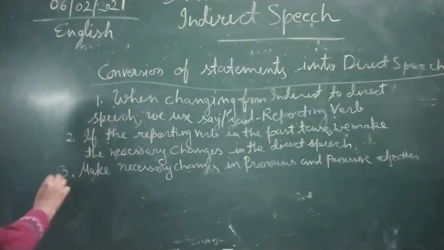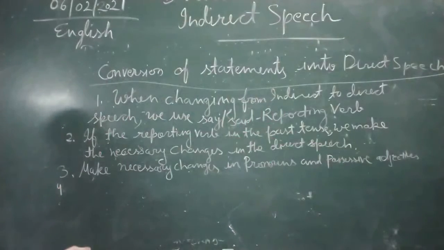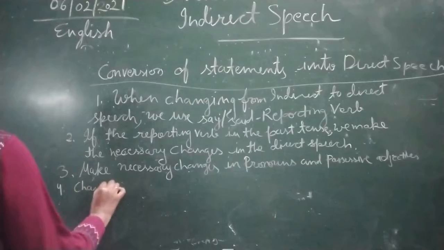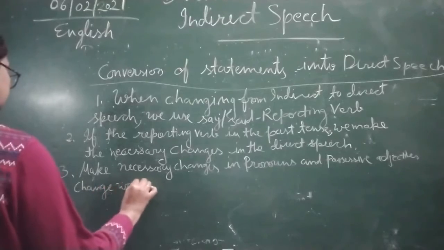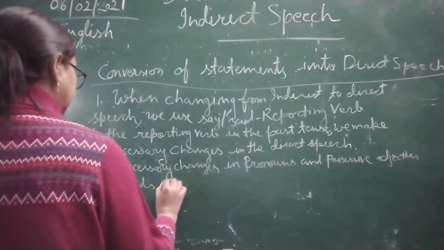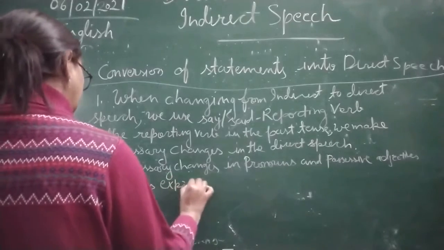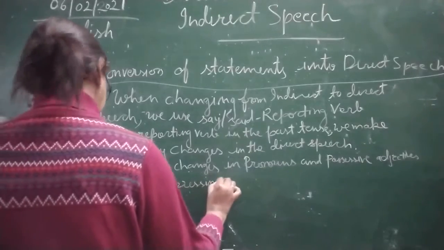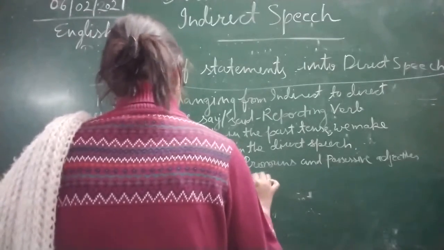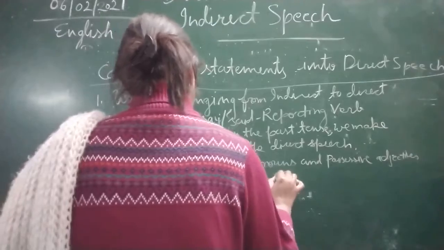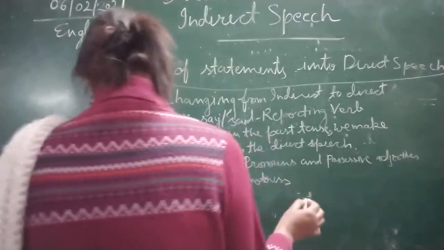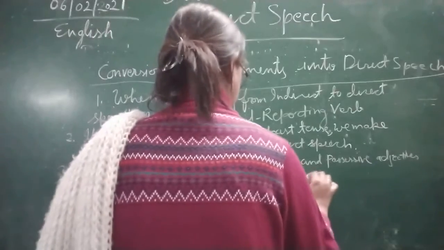Now, our next rule, that is number 4, change words expressing remoteness of time and place.